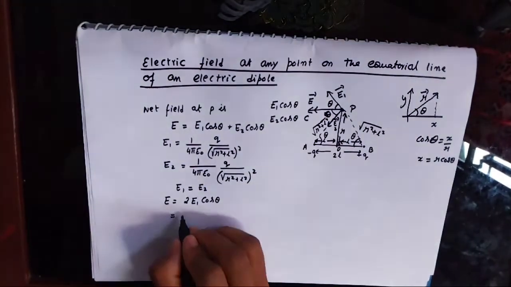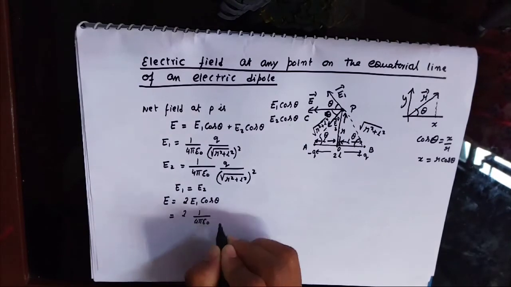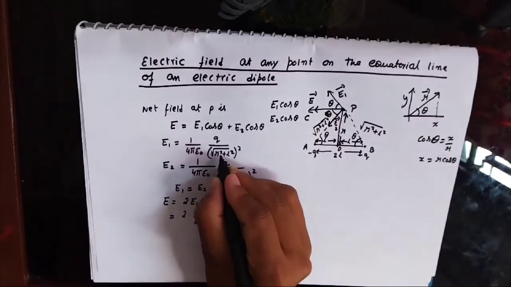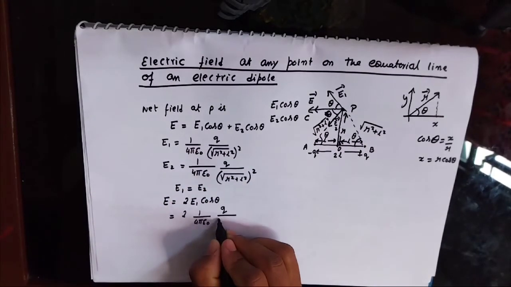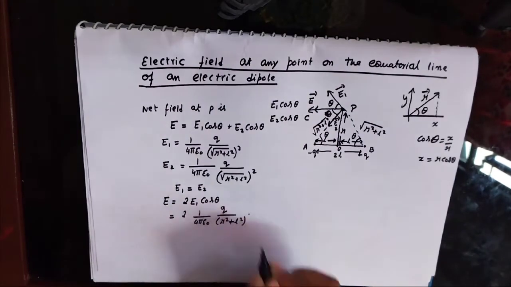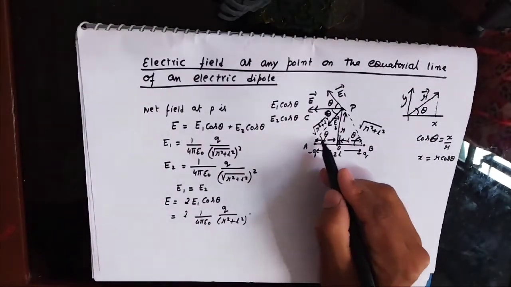So what is E1? This is 1 by 4 pi epsilon naught, then Q, then if I square the root, it will be r square plus L square. But what is cos theta from this figure? It is base divided by hypotenuse.